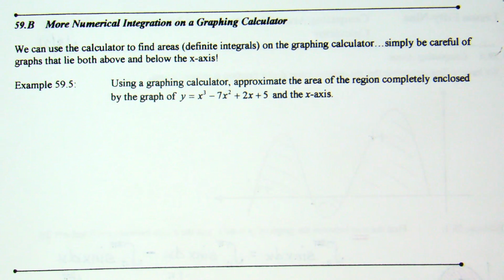Well, this one is not factoring. This one I am not graphing by hand for multiple reasons. So let me get this parabola off here and graph x cubed minus 7x squared plus 2x plus 5.